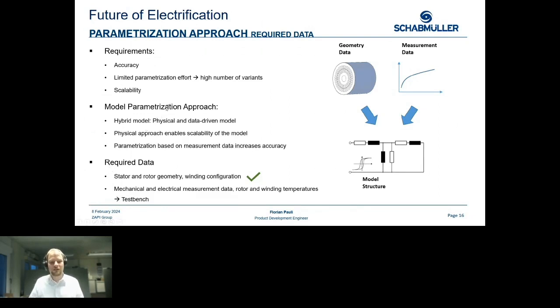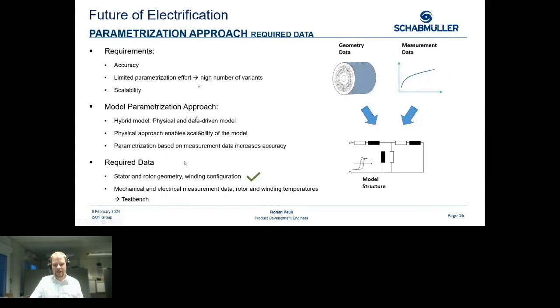So we choose a hybrid approach. We take a physical model of the machine, but it's also a data-driven model, in that a certain number of parameters are adapted based on measurement data. The physical approach enables us to achieve the scalability of the model, and the parametrization based on measurement will increase our accuracy.